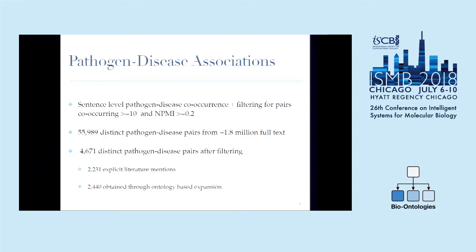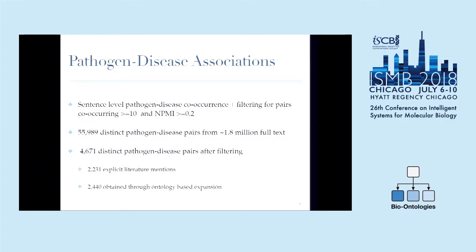Our pathogen-disease association extraction approach is based on the sentence level identification of the co-occurrences of pathogens and diseases. On top of that, we applied filtering, and we only focused on the co-occurrences appearing more than 10 times, and then we used the MPMI association measure, and we retrieved the ones having the value 0.2.